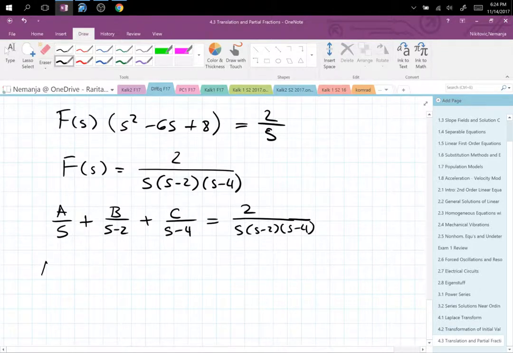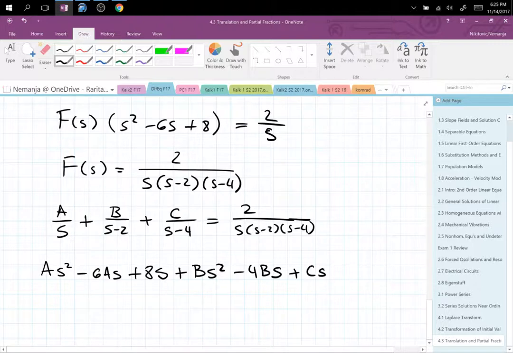So we have as squared minus 6as plus 8as, plus bs squared minus 4bs, plus cs squared minus 2cs equals to 2.